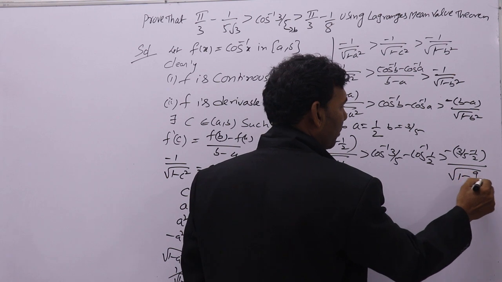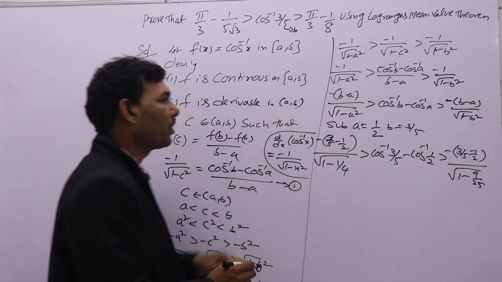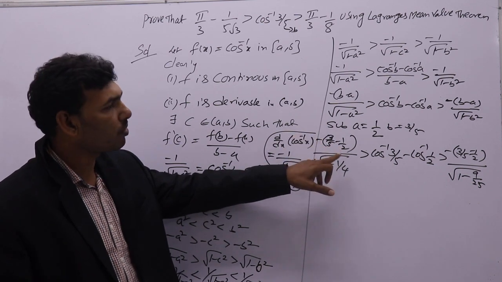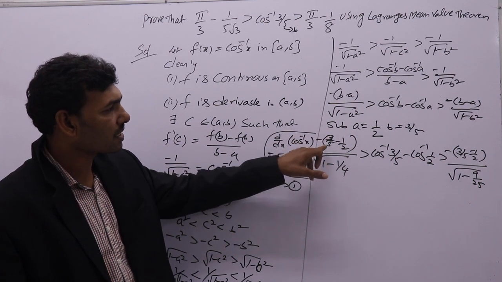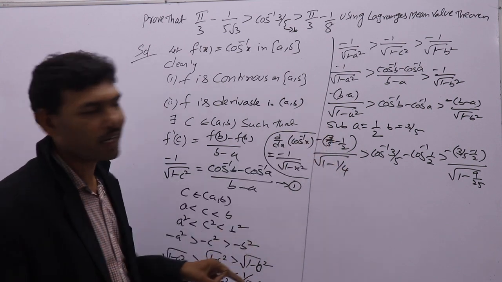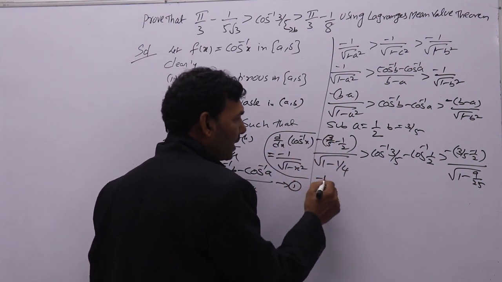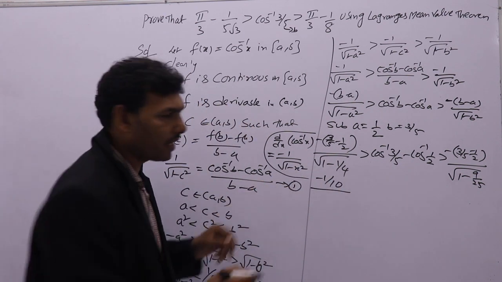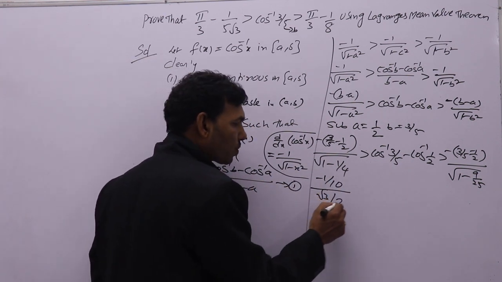B square is 9 by 25. So what you will get is 3 by 5 minus 1 by 2, as earlier I said in the same problem. 3 2s are 6, 5 1s are 5, so 6 minus 5, 1 by 10 in the numerator. Here 4 minus 1 is 3, root 4 is 2.